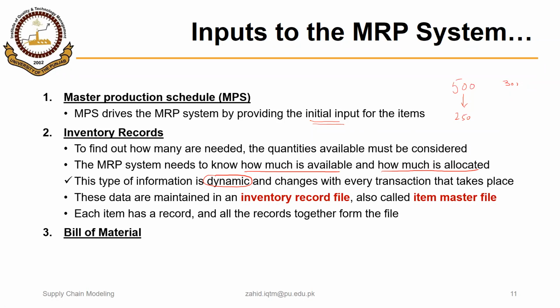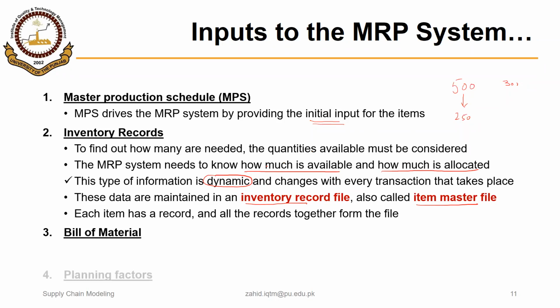It is very important to keep an eye on the status of the inventory of these items, because it keeps changing with every transaction. There could be issuance, receiving of the item, allocations, or other factors as well. Each item has a record, and all the records together form this file. This is also called the inventory record file or item master file, and it is a dynamic file.